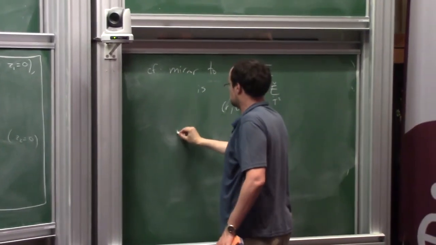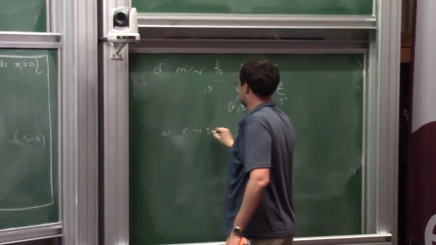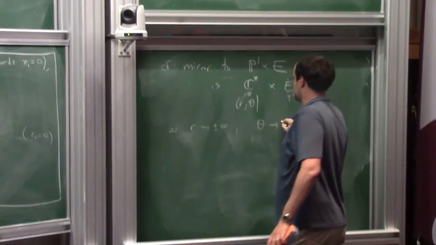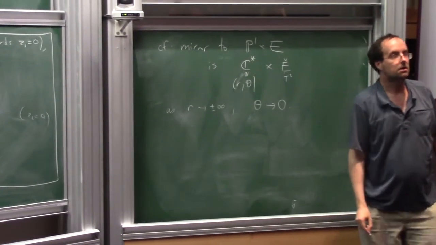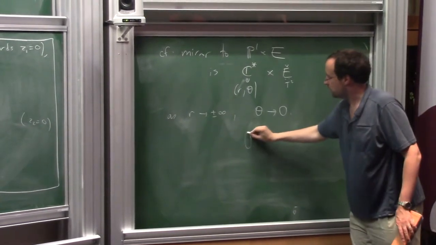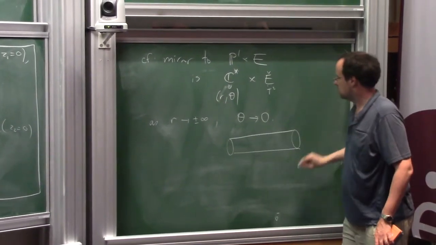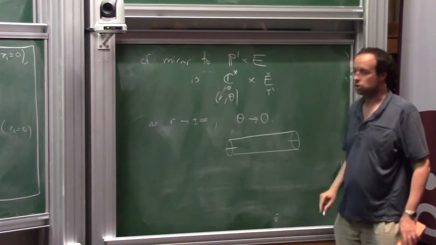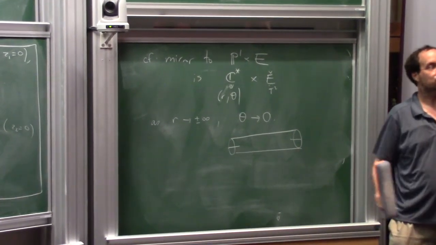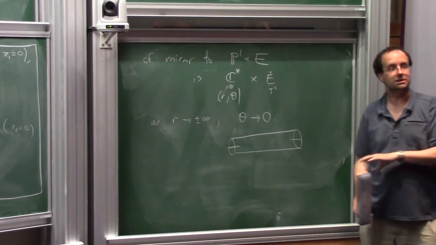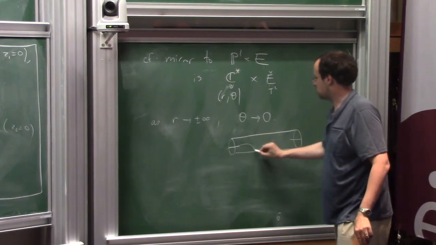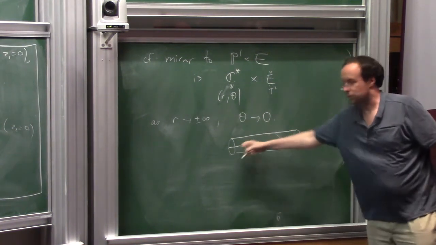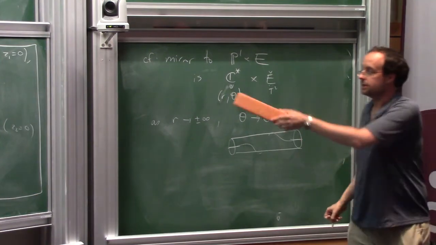The usual condition is as R goes to plus or minus infinity, theta goes to 0. This is the usual story that the mirror of P1 is a cylinder with asymptotic conditions requiring that when you go to infinity or to 0, you do so along the real positive axis. Critical objects do things like that, and it's the same angle that goes to 0 on both sides, and here it's not.